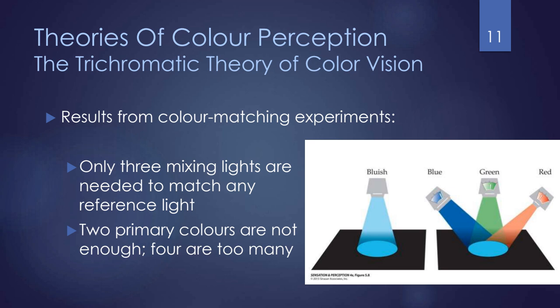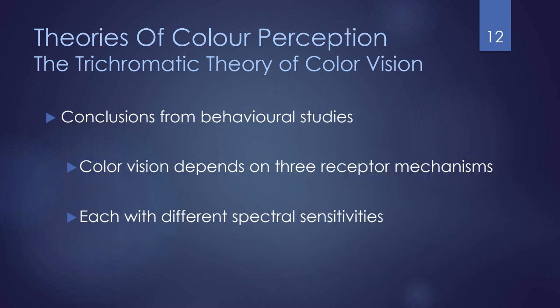So 2 primary colors weren't enough. 4 would be more than was needed. But by adjusting 3 wavelengths in that comparison field here, any reference color could be matched. Having only 2 to adjust was not enough, and 4 was too many. So this was a key finding from Maxwell's experiments, to show that color perception is based on 3 color mechanisms.